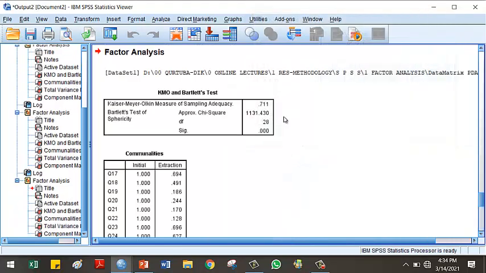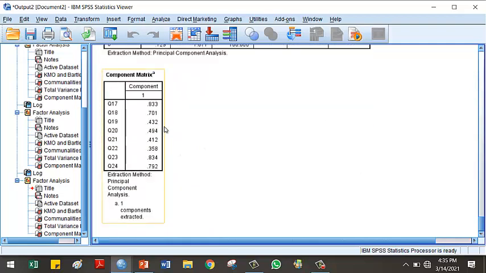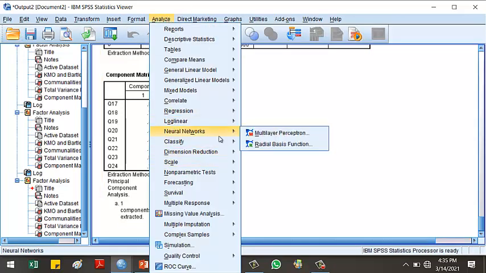And here the results are satisfactory. 0.7 is the KMO. The Bartlett test is also significant, and the scores are greater than the required 0.4. So it goes well.